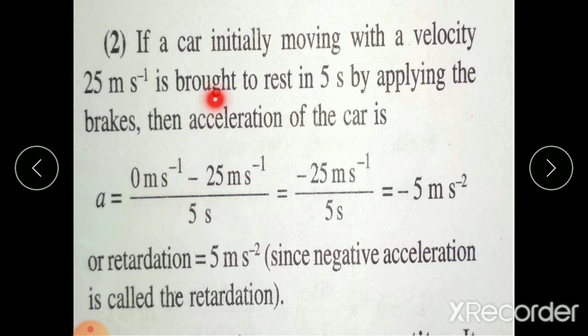That is 0 minus 25, which gives you minus 25 meter per second, divided by 5 seconds. 5 fives are 25, so it is minus 5 meter per second square. This minus indicates it is retardation. So the retardation is 5 meter per second square.